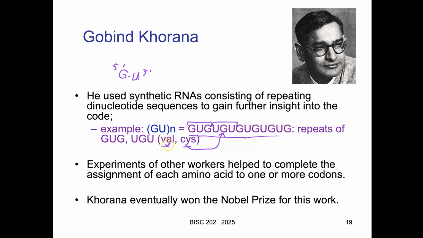And if you've done the same for valine, you've just decided it's 2 G's and a U, but you don't know what the order is, and you get valine out of this experiment, then that tells you that that's the order. So what this helped to do was to pinpoint the exact codons based on knowing the exact order of the codons in this experiment.